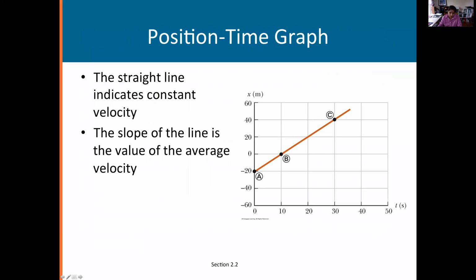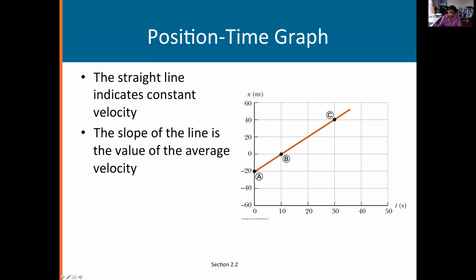Here's my origin. So we're starting to the left of the origin. Then we go through the origin in 10 seconds. And in 20 seconds more, we are at positive 40 position. So if I consider A and C, what is my displacement? My final is 40. And I need to subtract out negative 20.